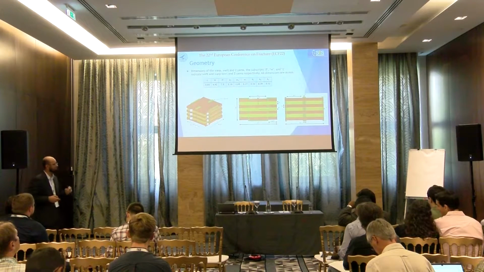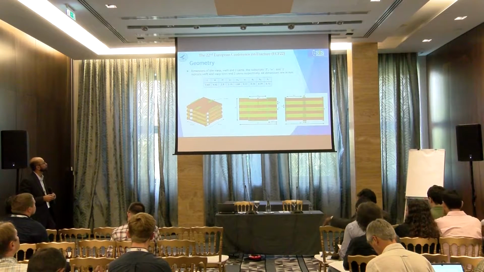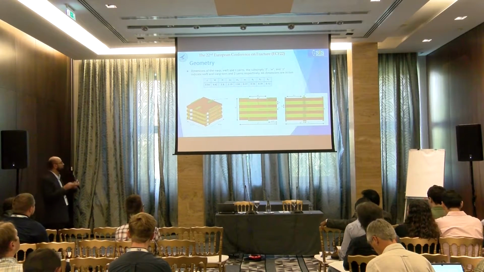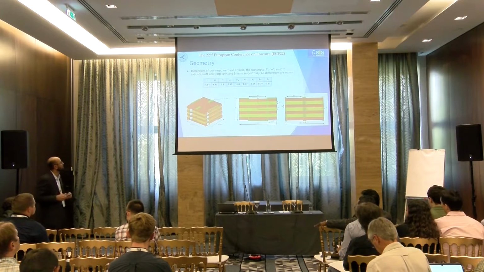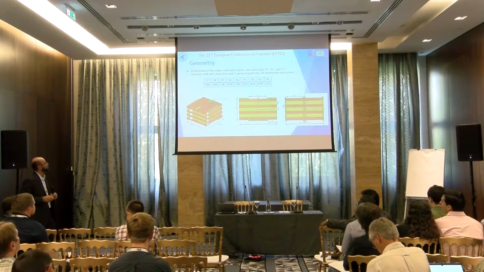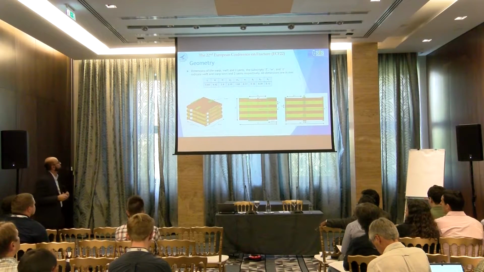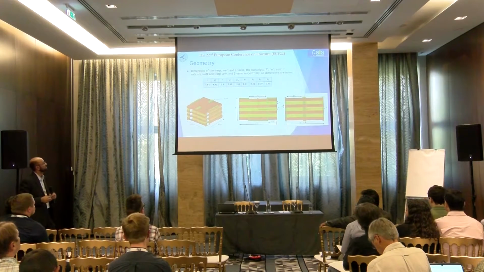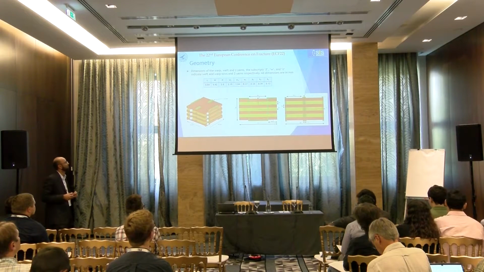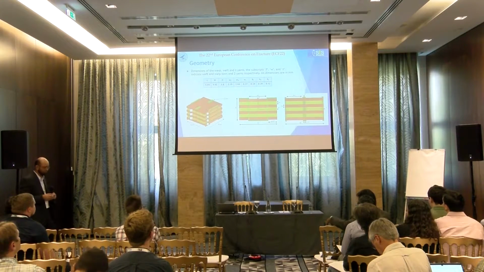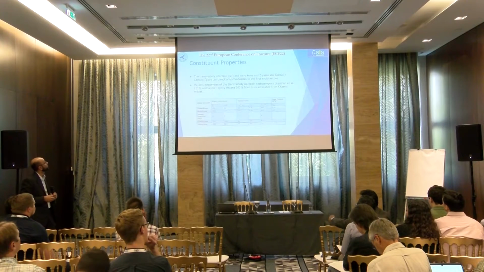So by analyzing this geometry, we have built a complete unit cell. As you can see, all the dimensions, length, width, height, and the dimension for each fiber, are presented here.